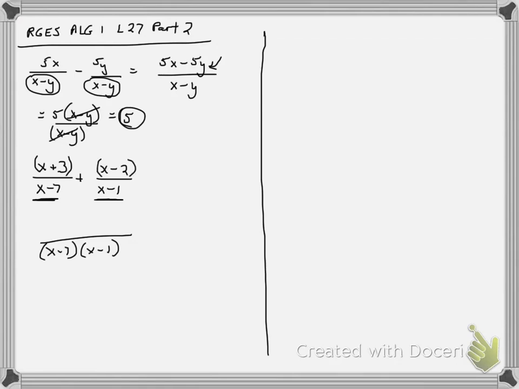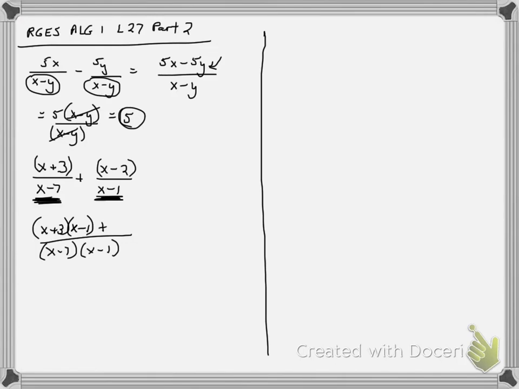I've already got my x minus 7, so I need to multiply the x plus 3 times the x minus 1, because that's what I'm missing on the first denominator. On my second denominator, I've got the x minus 1, I need the x minus 7.